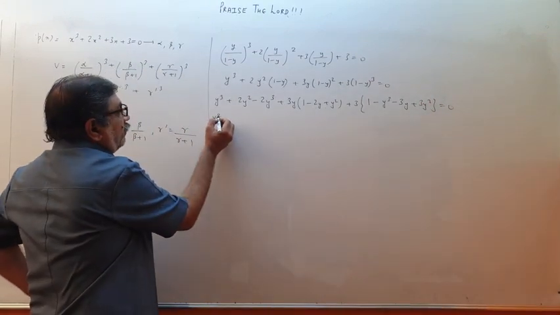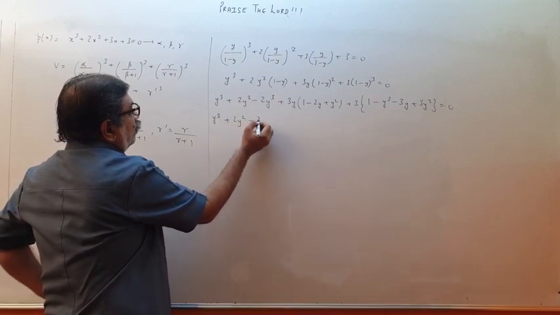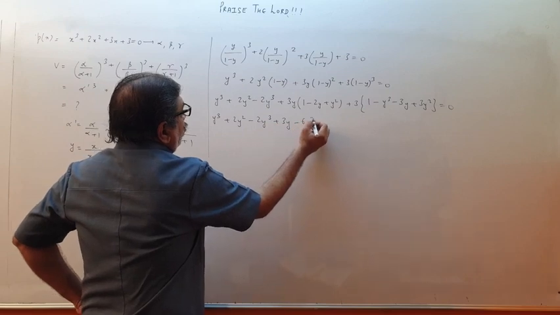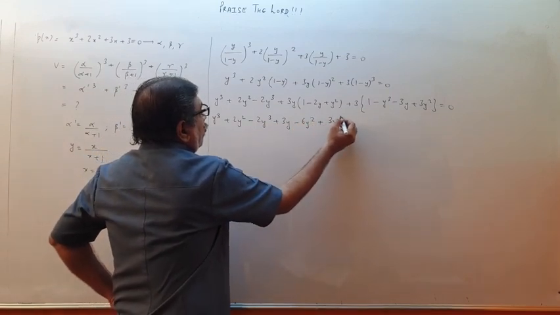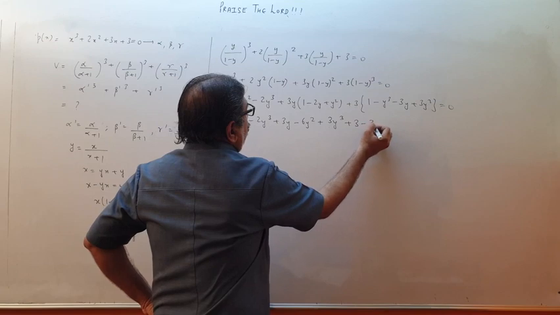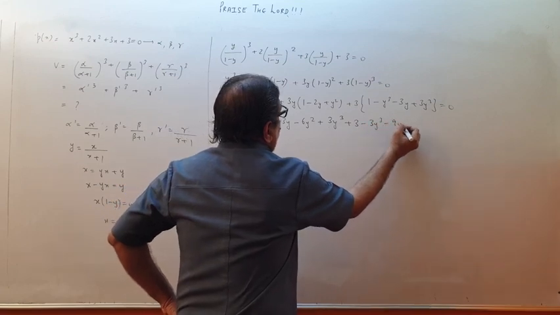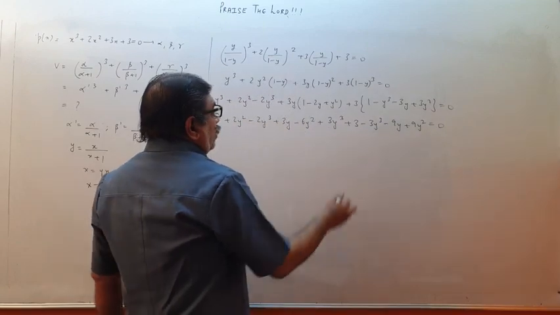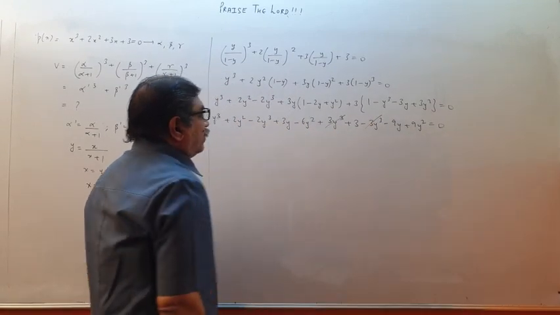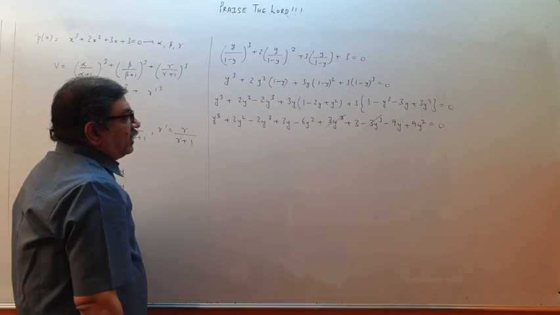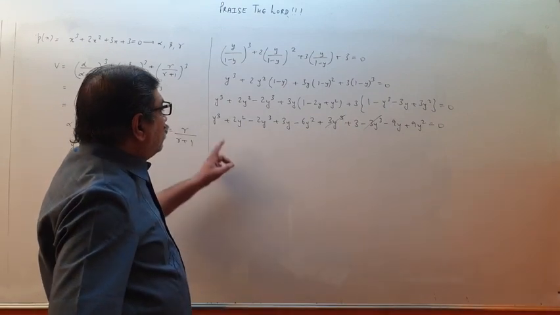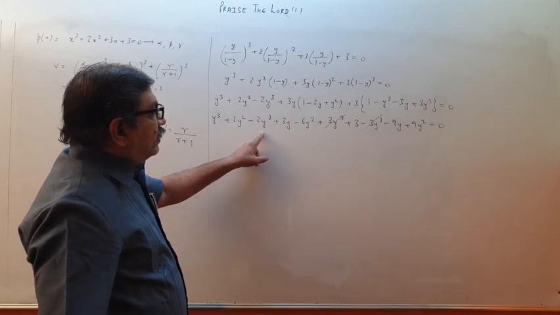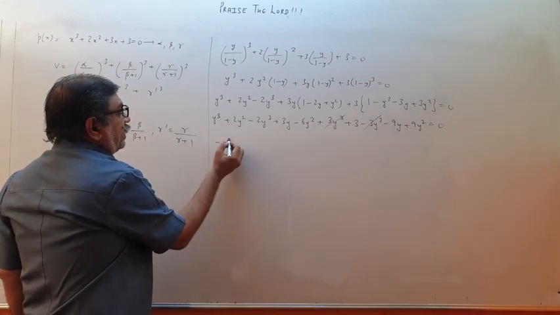So this will be y cube plus 2y square minus 2y cube plus 3y minus 6y square plus 3y cube, like this. So 3y cube cancel out. Let us check anything else. How much y cube is remaining? y cube minus 2y cube, only this much. So I am having minus y cube.